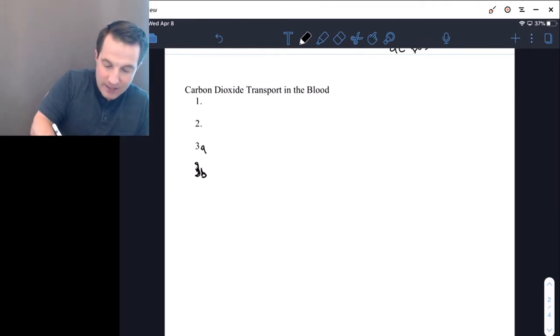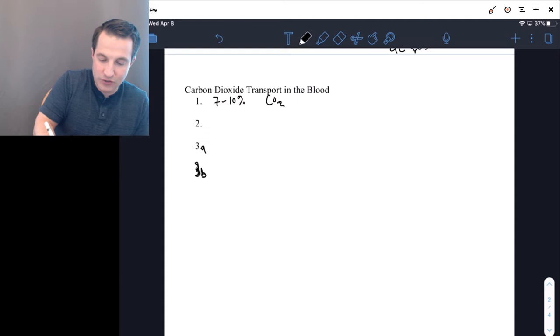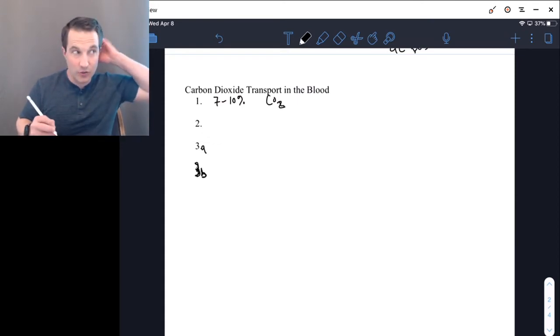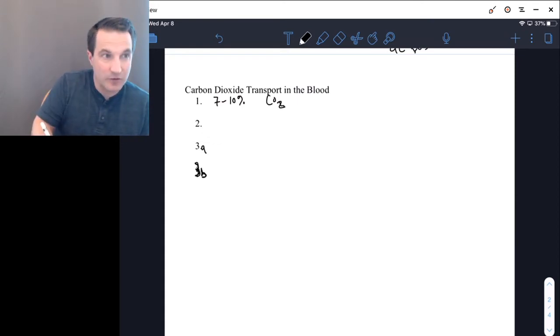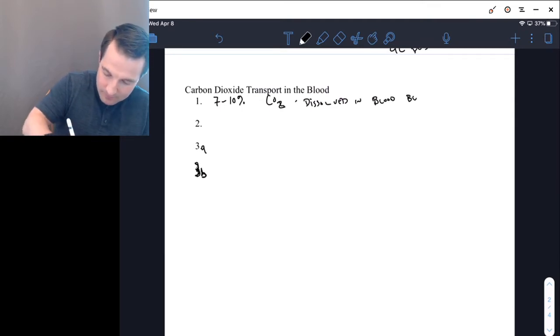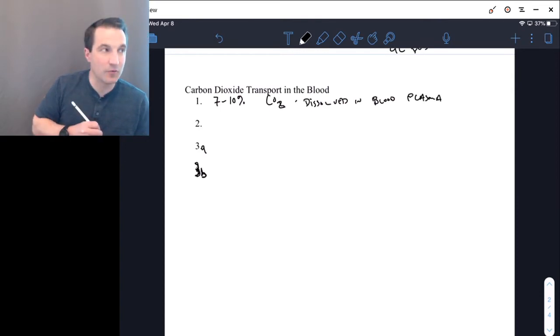So number 1 is going to be about 7 to 10% of the CO2 produced within your contracting muscles is going to be dissolved in the blood plasma.